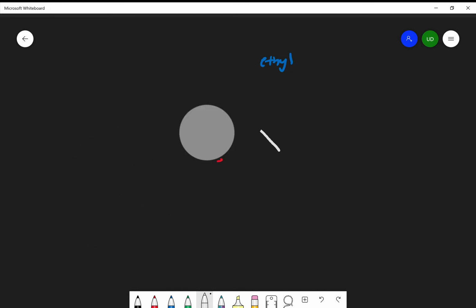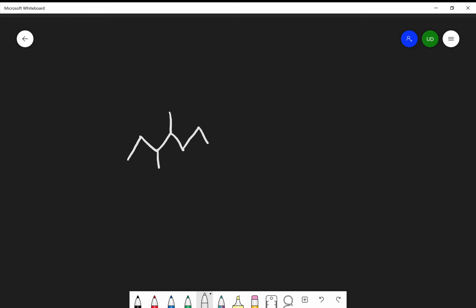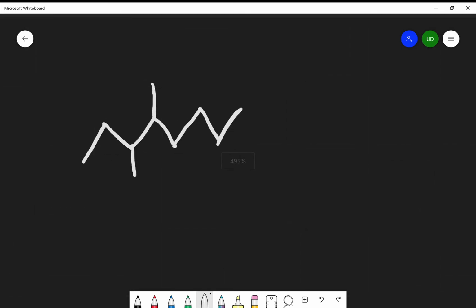Okay, now let's try this other one. Again, you want to find the longest uninterrupted carbon chain. In this case, it'd be this long one right over here.